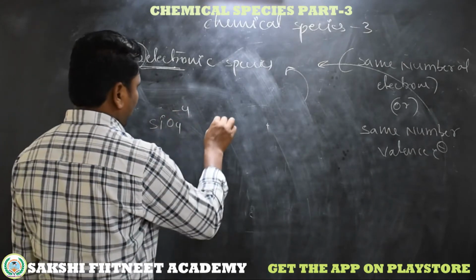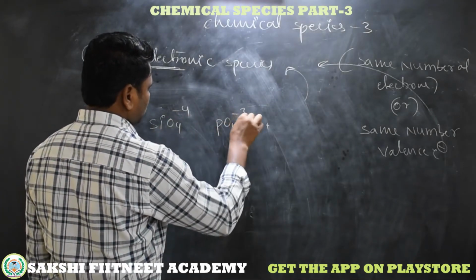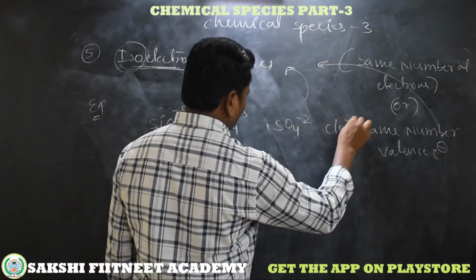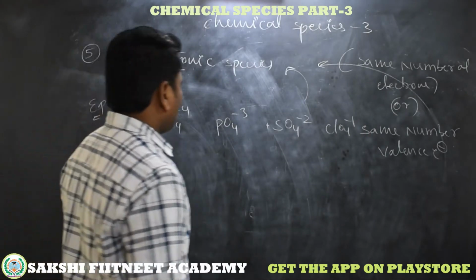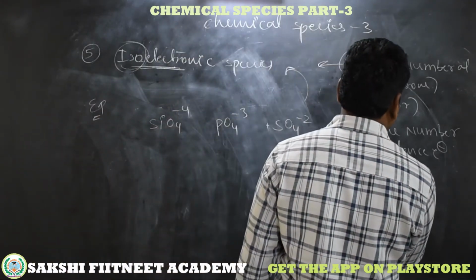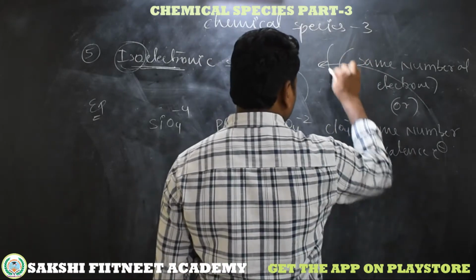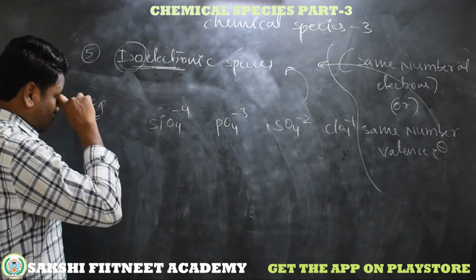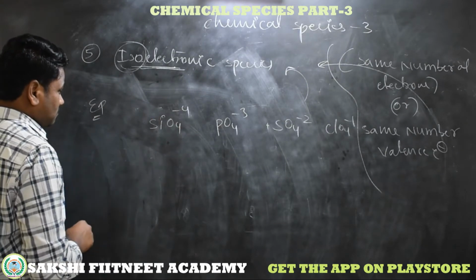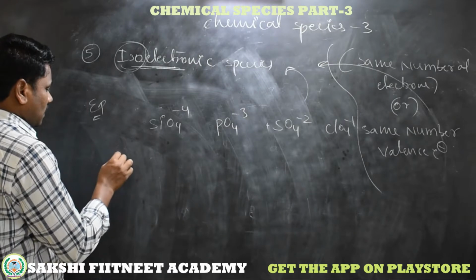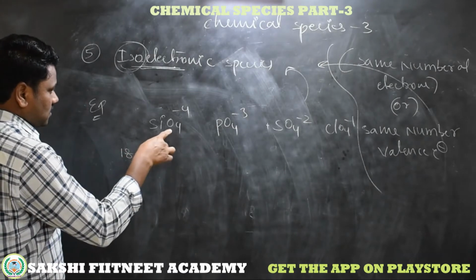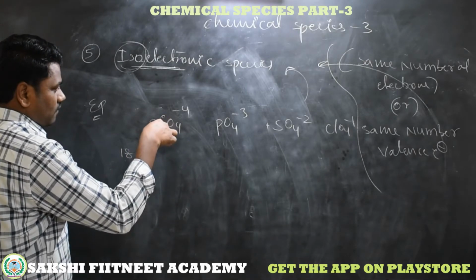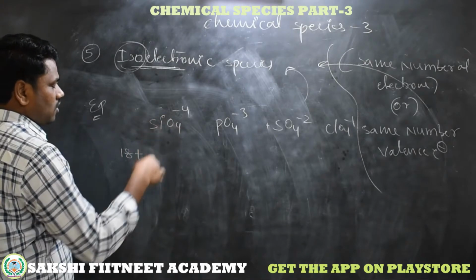SiO4 -4, PO4 -3, SO4 -2, ClO4 -1. We will calculate whether these are isoelectronic or not. Coming to SiO4 -4, we know that silicon with a -4 charge has 18 electrons, plus the electrons of the 4 oxygens.